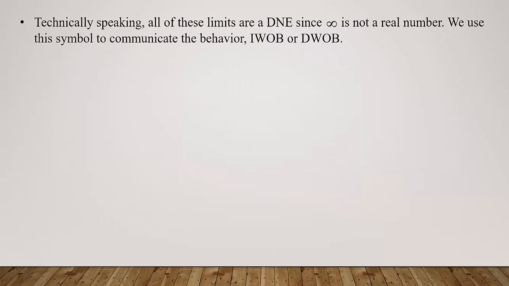All right, now this is a technicality point, folks. Technically speaking, all of those limits do not exist, because infinity is not a real number. However, we're going to use the symbol infinity to communicate the behavior IWOB, and we will use the symbol negative infinity to communicate the behavior DWOB.